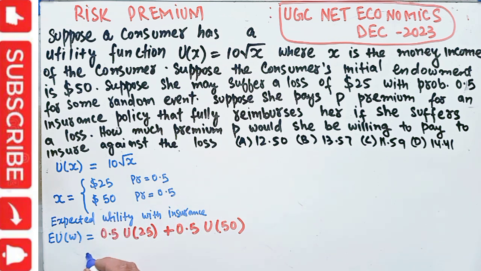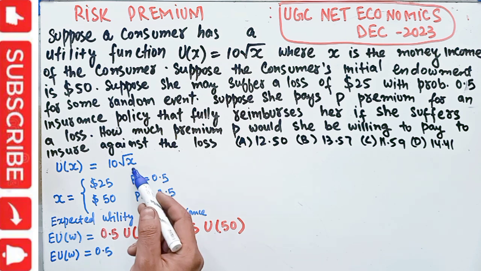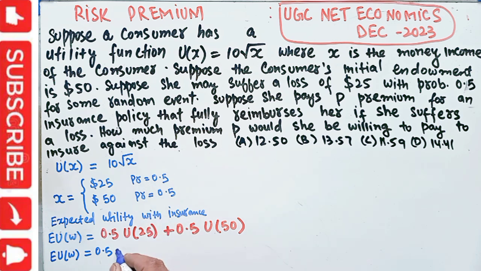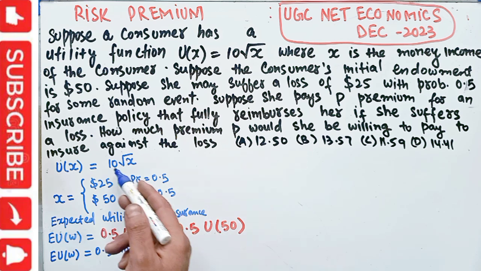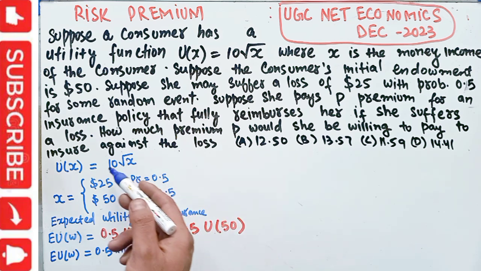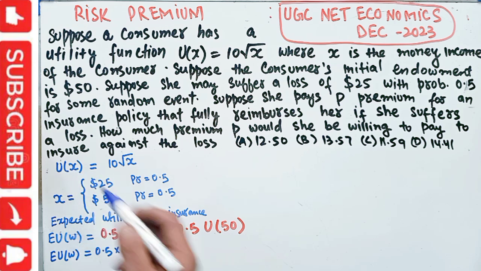Okay, so when we solve this, expected utility without insurance will be equal to 0.5. Now utility of $25, that means in place of x we will have 25. So we will have 10 under root 25 plus 0.5 into 10 under root 50, as utility of $50 means in place of x we have 50.